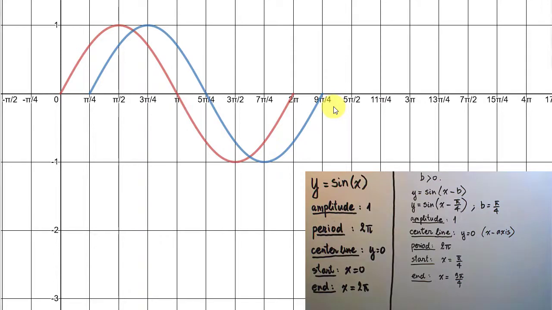And so after two little demonstration examples right here, then start looking at how the start of our function here being related to the value b inside of our sine function.